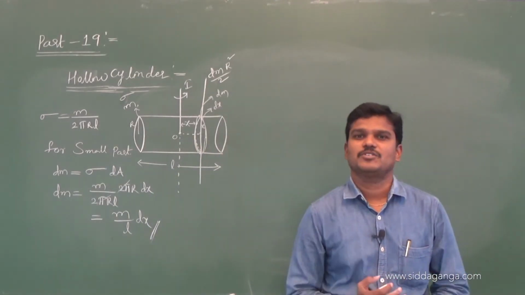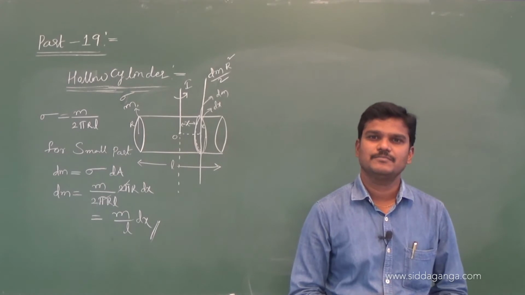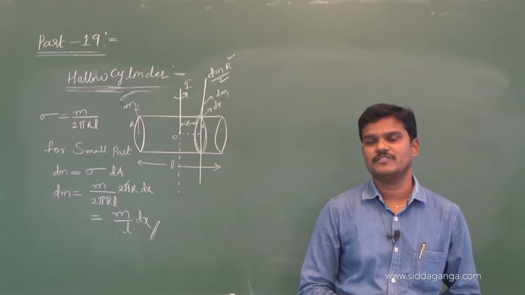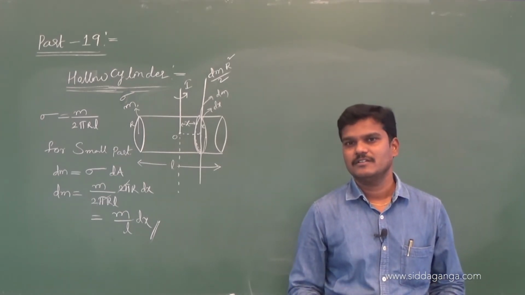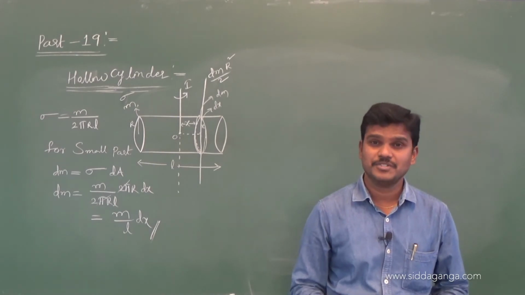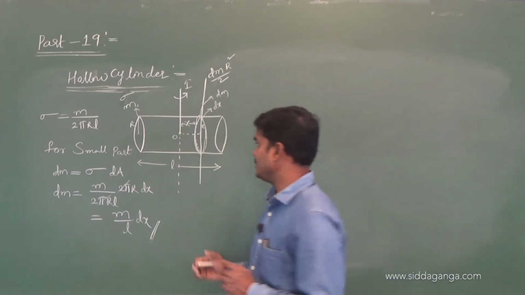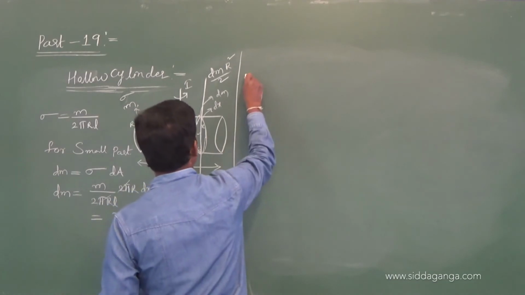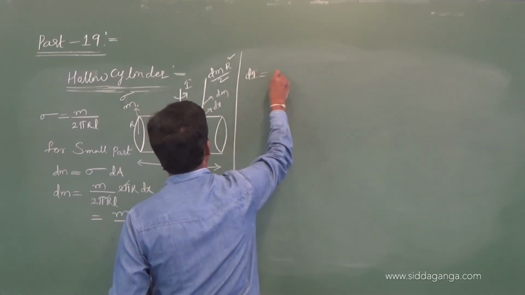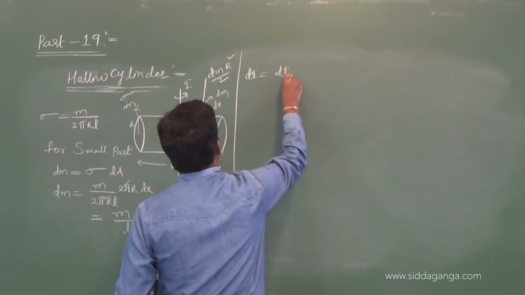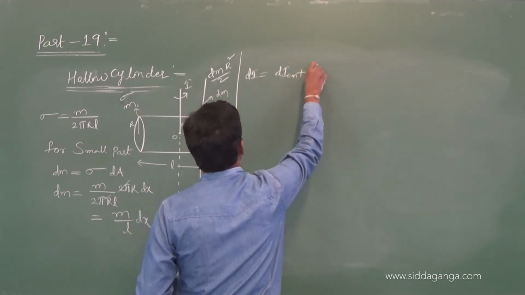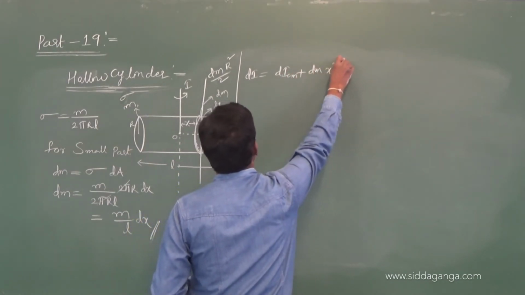Again follow the same process, meaning use the parallel axis theorem to get the moment of inertia of a hollow cylinder about an axis passing through the center perpendicular to the length. From the parallel axis theorem, dI equals dIcm plus dm into x square.